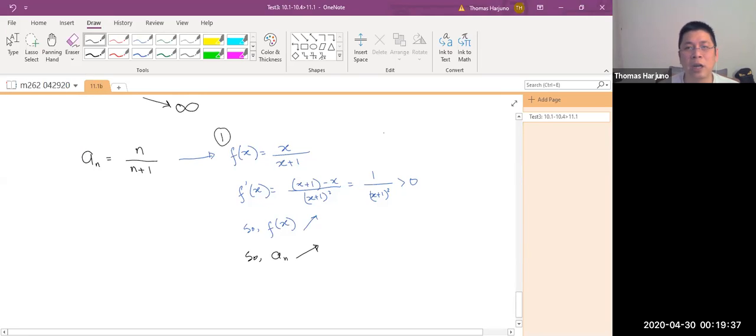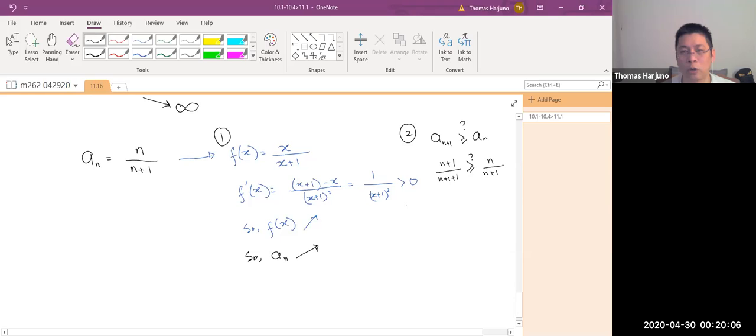decreasing. The second way is you compare the terms. Okay, you want to say, oh, it is increasing, but this time you want to show if a sub n plus 1 is greater equals to a sub n. That's what you need to show. Okay, n plus 1 over n plus 1 plus 1. Is it greater equals to n over n plus 1?